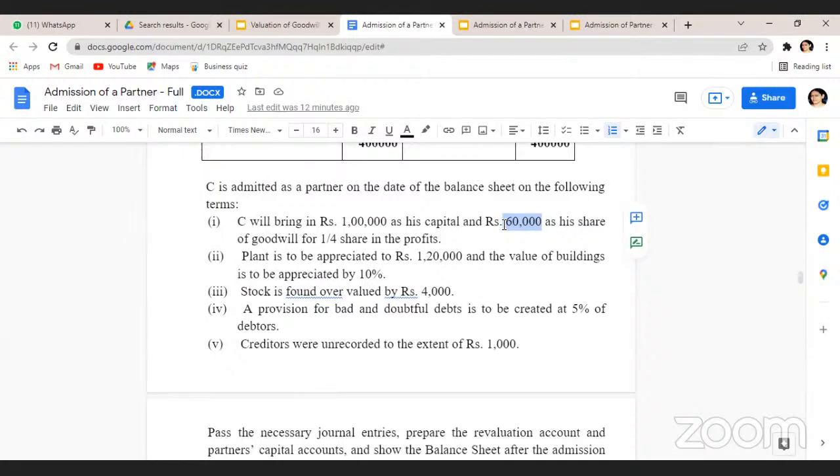But after valuation of goodwill, you need to find the new partner's share of goodwill if required. Sometimes he will give it in the question. Whatever the new partner's share of goodwill is, that is to be distributed among the old partners in the sacrificing ratio. Why?